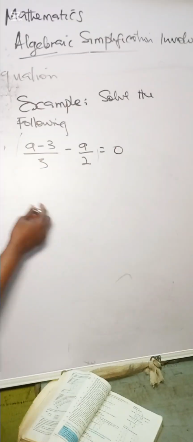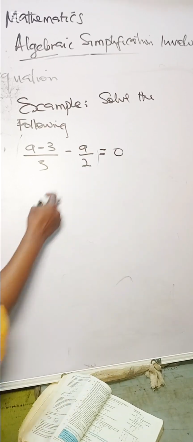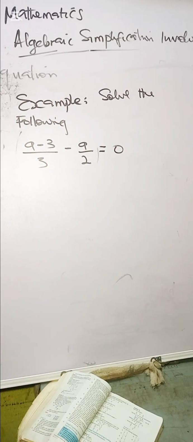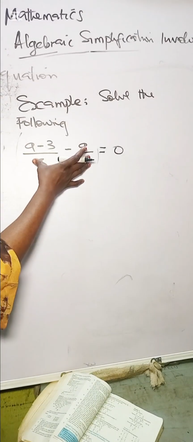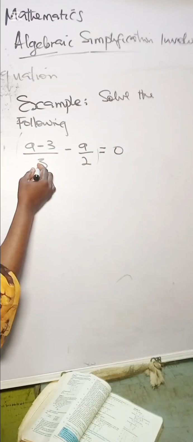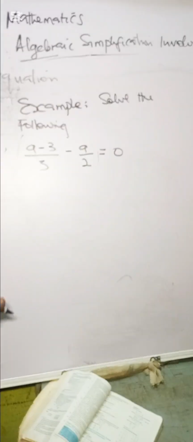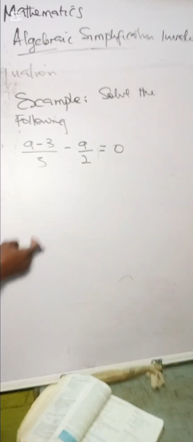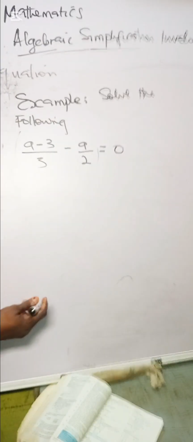Now, the only difference is that this one is equated with a value, but this value is 0. Are you following what I'm saying? So we are going to solve it the way we solved the other one. Then we now equate it with the value. Okay. So we have two ways of doing it. Either you multiply each of these terms by the LCM, or we clear the fraction first, then equate it with 0.